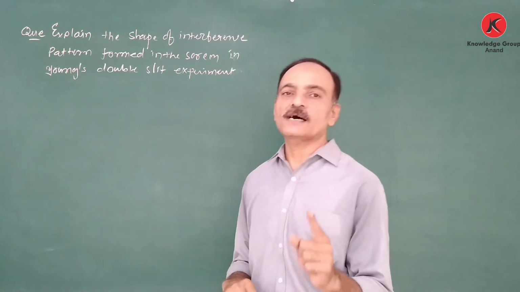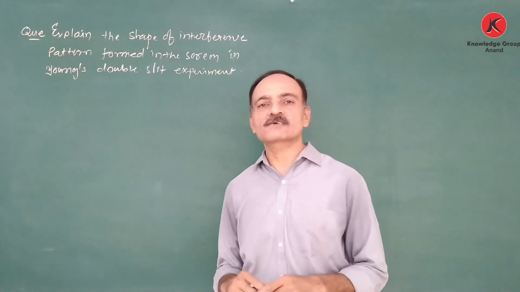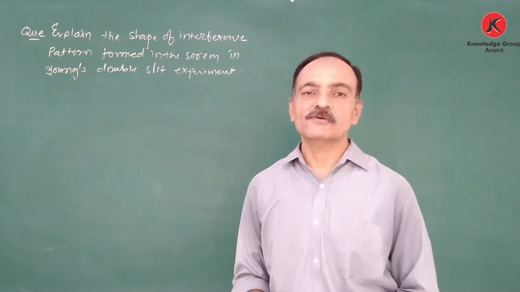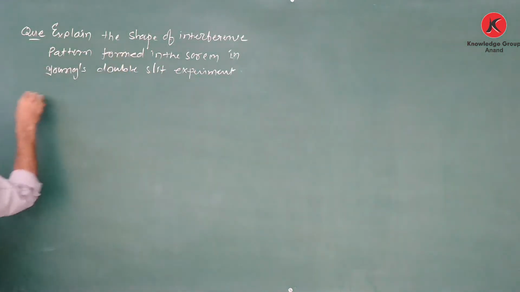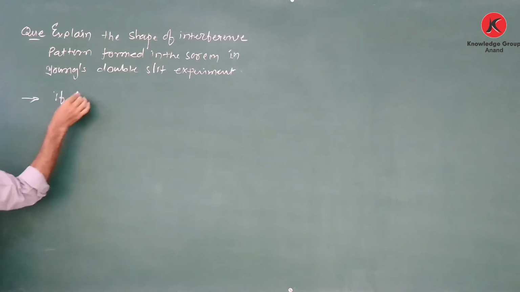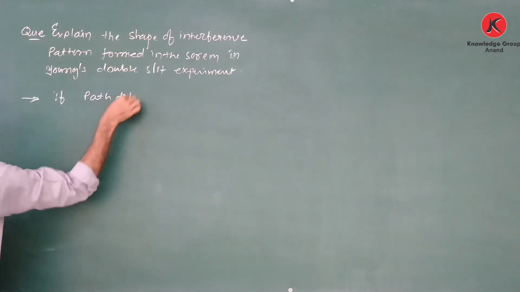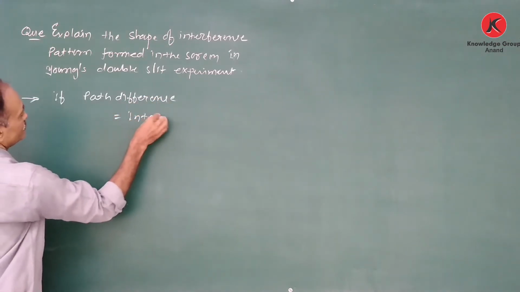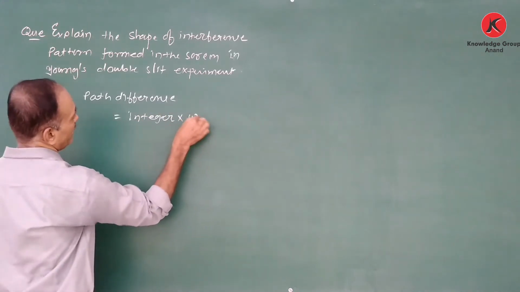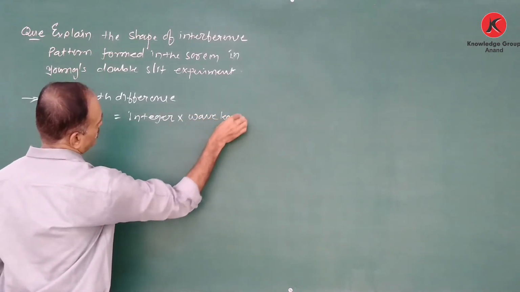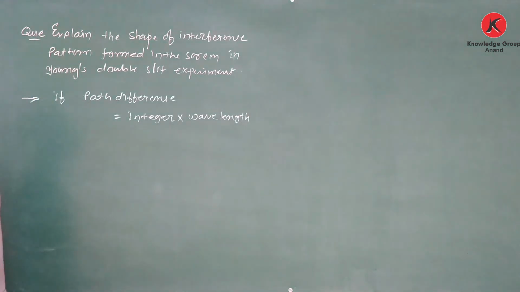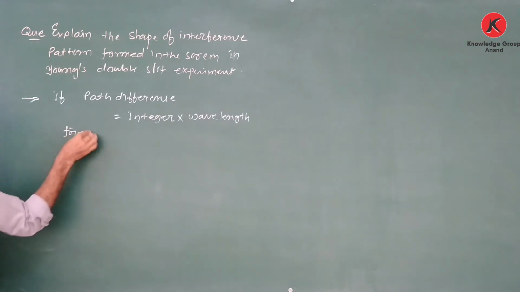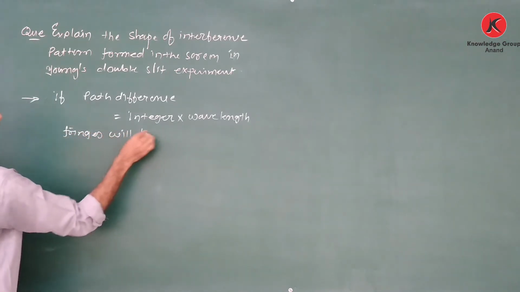Already we know that for the bright fringes, the path difference is equal to an integer into wavelength, because the condition for constructive interference is n lambda. If the path difference is equal to an integer into wavelength, at that point bright fringes will be there.